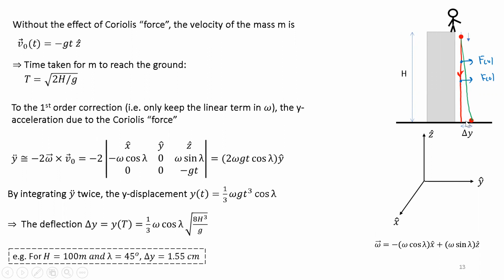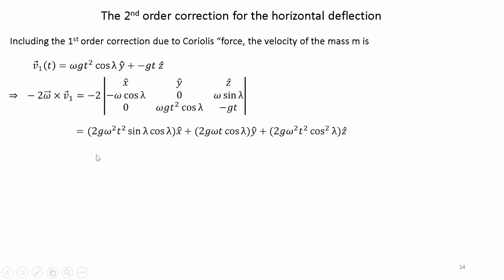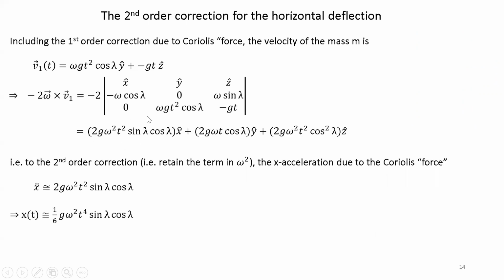But if you consider one higher order correction, or one higher order solution, you see that the deflection is actually also a little bit out of the page, along the x direction. And that is given by this term. So the x double dot is given by this term over here, and then x as a function of time is given by this one.